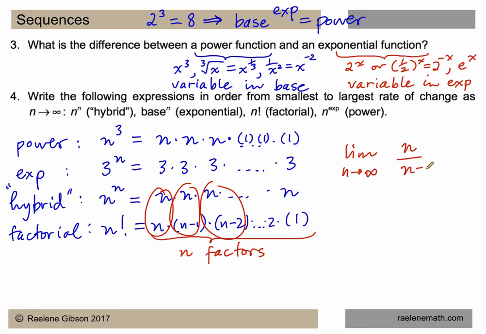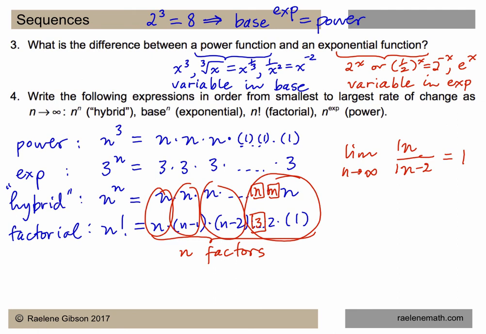All these different possibilities of linear over linear are going to give us an end behavior or a horizontal asymptote of y equal to 1. But eventually, the factorial terms stop being n's and they become things like 3, 2, and 1, whereas the hybrid terms are still n times n. And so the behavior here shows that the hybrid is going to be faster growing than the factorial.